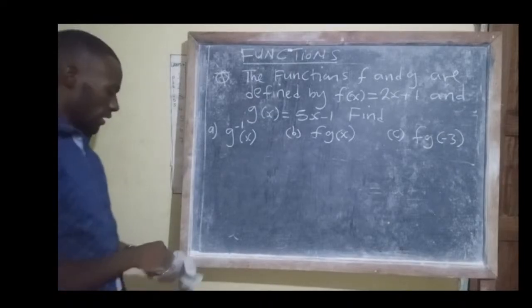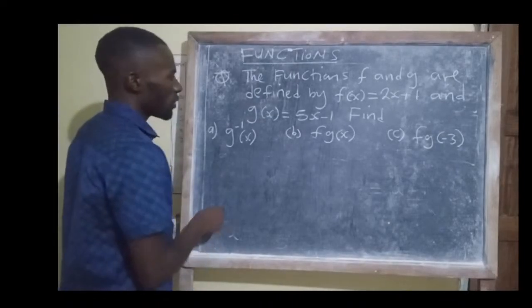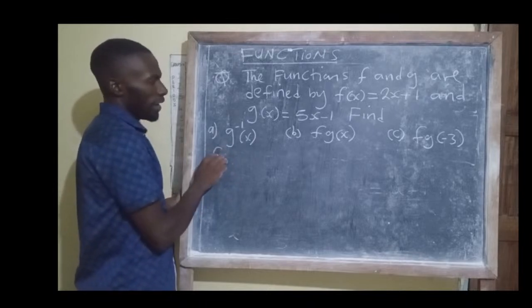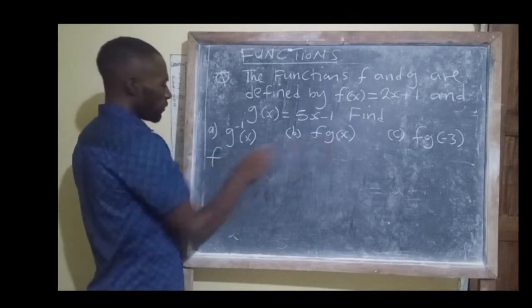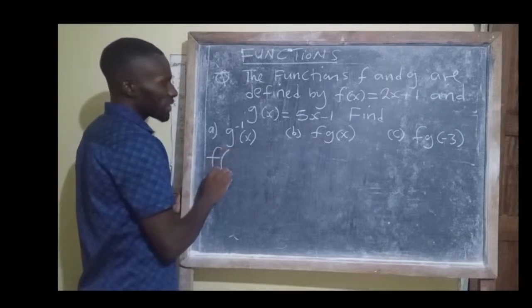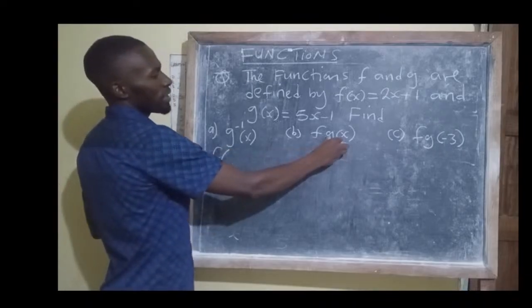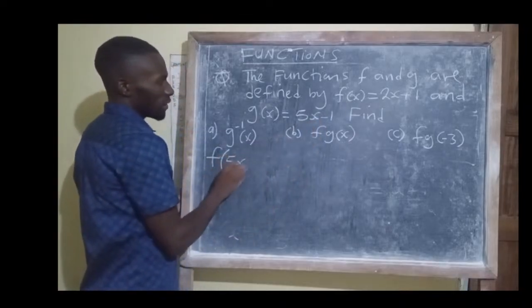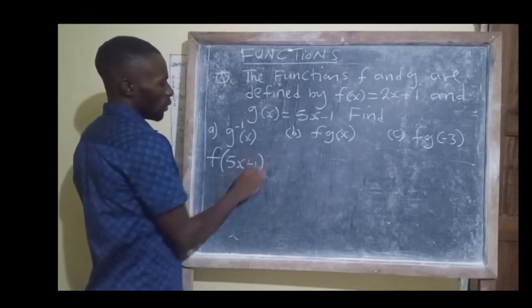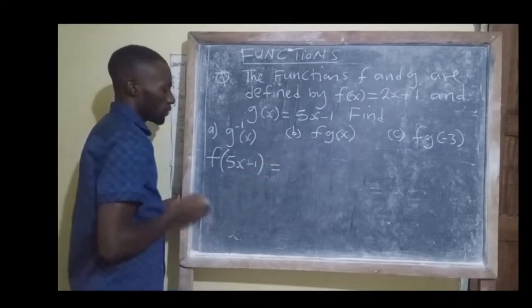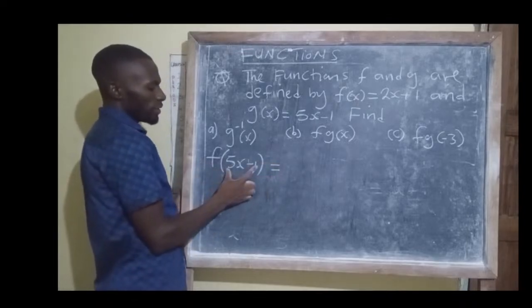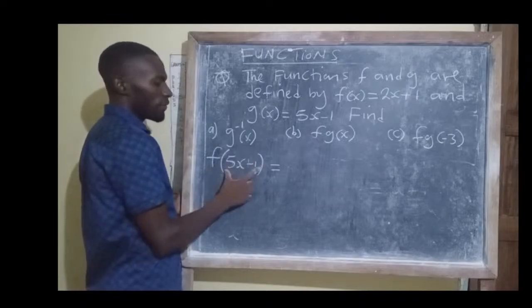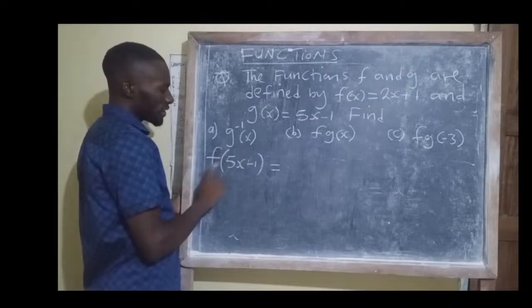So when you are solving this question, f of g of x, where there is g of x, you're going to replace it with the function of g of x, which is 5x minus 1. Before we included 5x minus 1, there was x here as f of x. So what is that function of f of x?